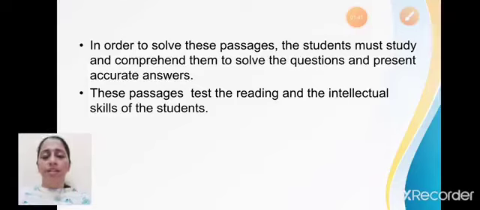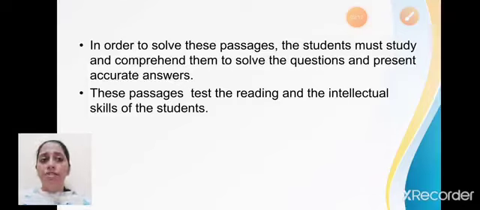So, in order to answer these passages, what is the most important thing? The most important thing is the students must read it carefully and comprehend it and understand what exactly the unseen passage is all about. Only if that happens, you will be able to solve the questions and give correct answers.